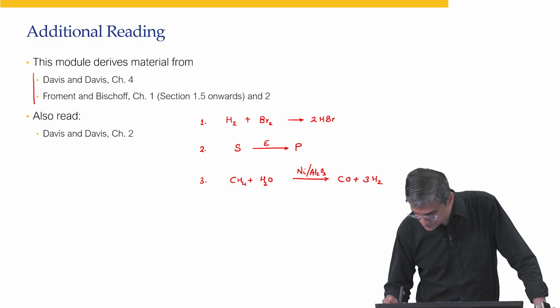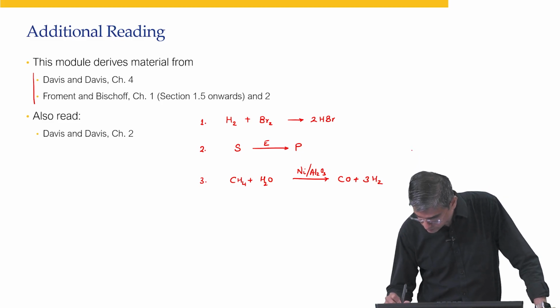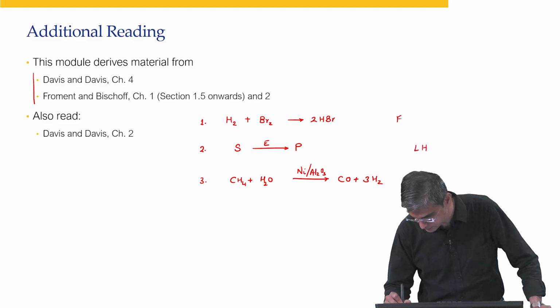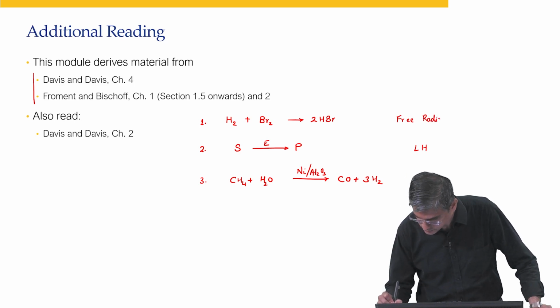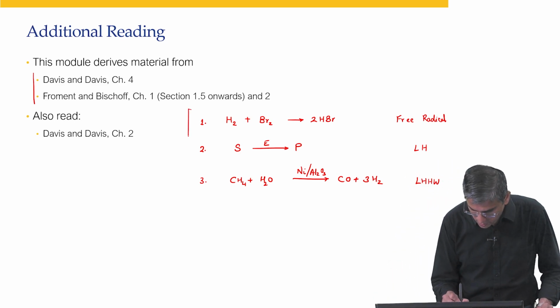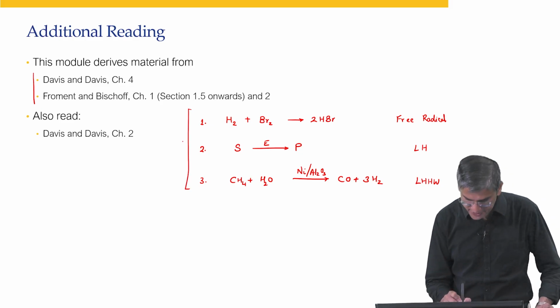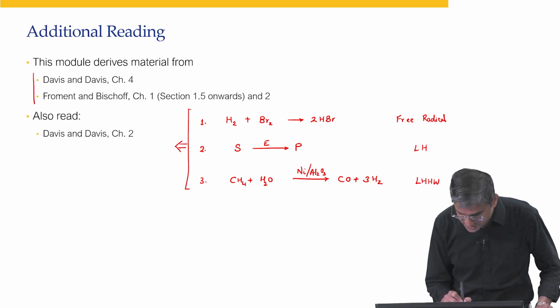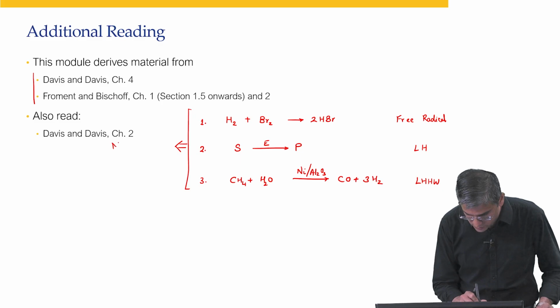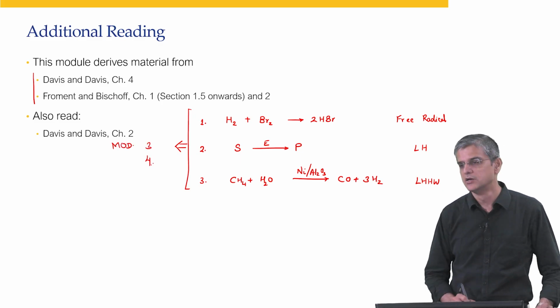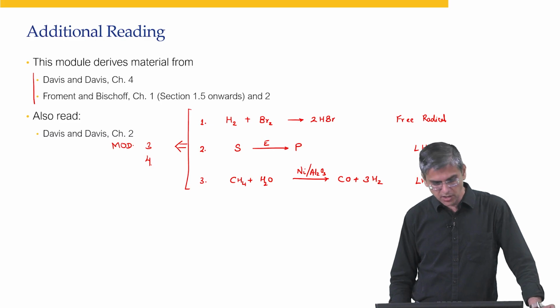This would be the example of LHHW. How to get the overall rate expressions from these detailed mechanisms, we will talk about that in modules 3 and 4.